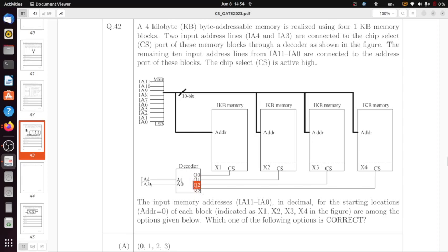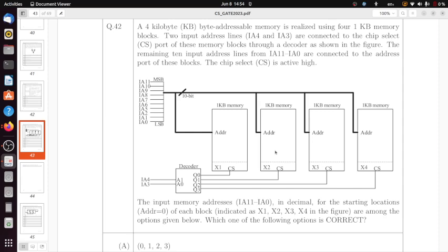Depending upon the value in input address lines 3 and 4, one output line of the decoder will be selected, and then the corresponding memory block will be selected to access that particular block of memory.